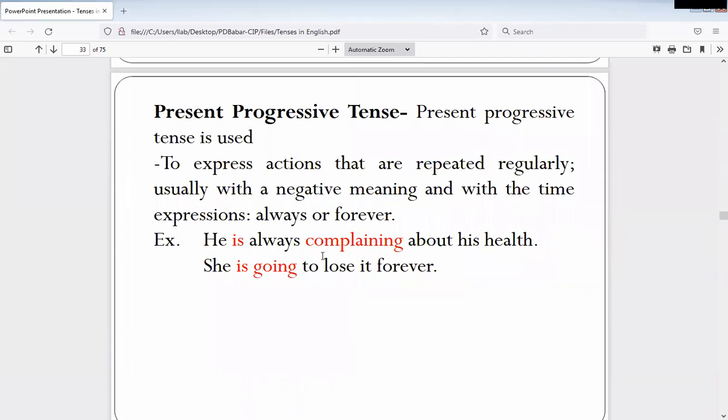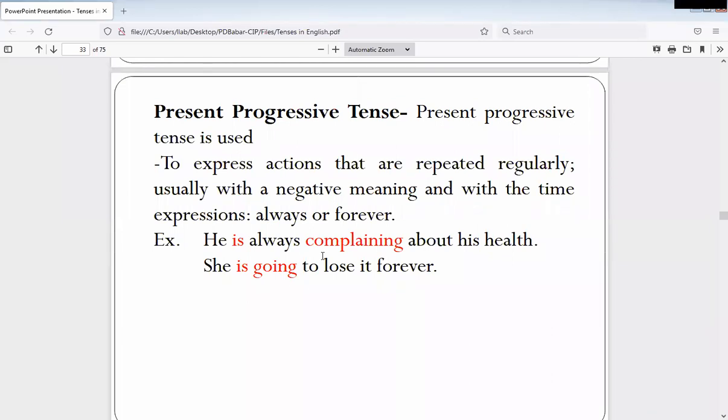Another condition is that the present progressive tense is used to express actions that are repeated regularly, usually with a negative meaning and with the time expressions always or forever.